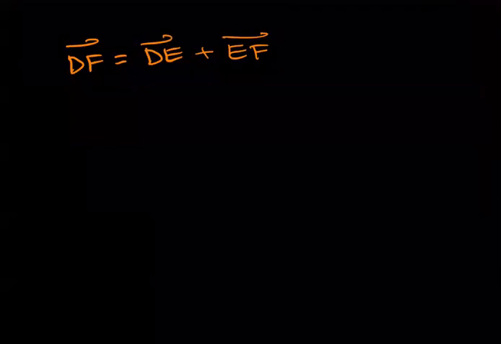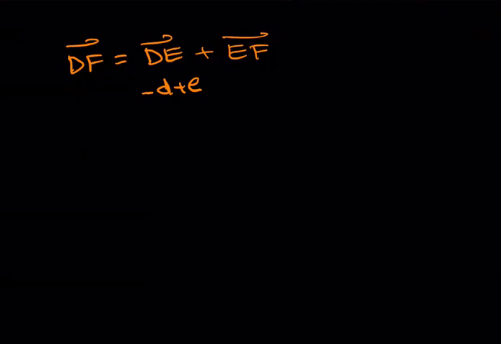So DF is DE plus EF. DE was opposite to ED, which we did earlier, so there's going to be minus D plus E. And EF is going to be minus D, because it's parallel to OD in the opposite direction.